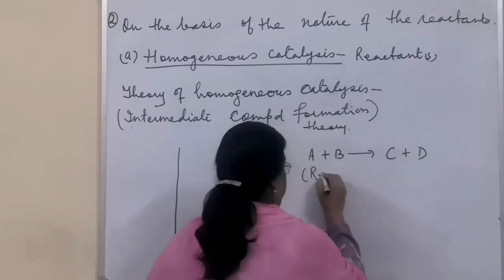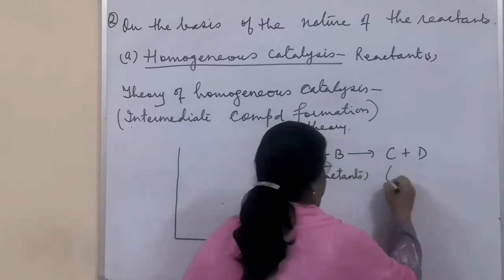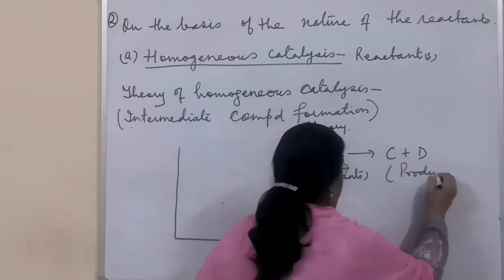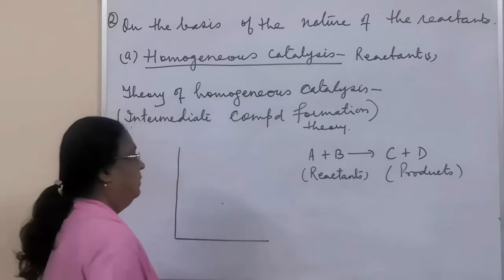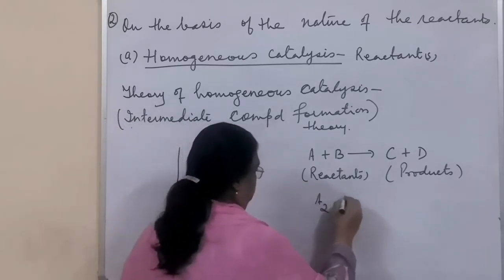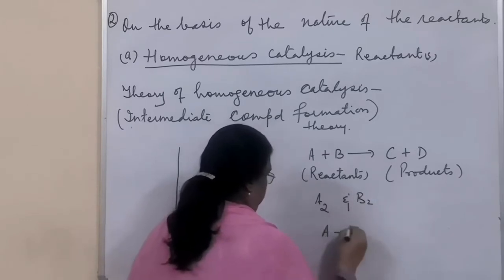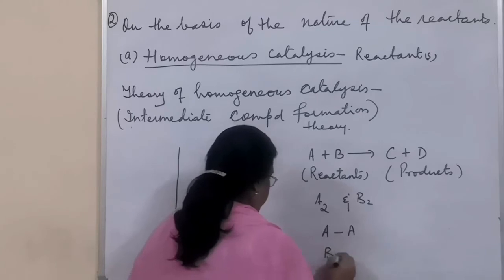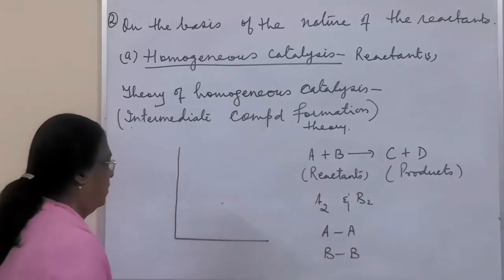So these are reactants and these are products. Here I have taken the atomic form, but in molecular form it will be A2 and B2, where A is bonded with A and B is bonded with B. For the convenience of the reaction, I have shown the atomic form.